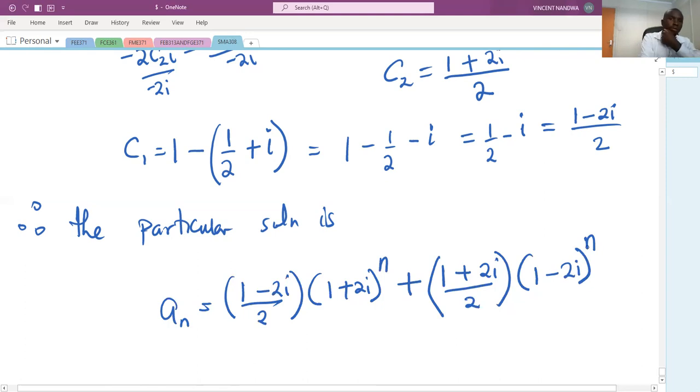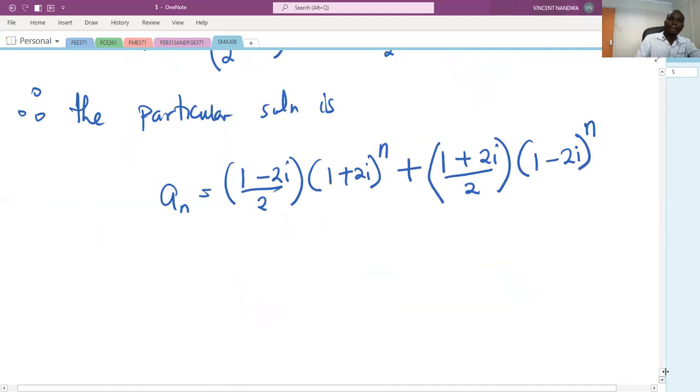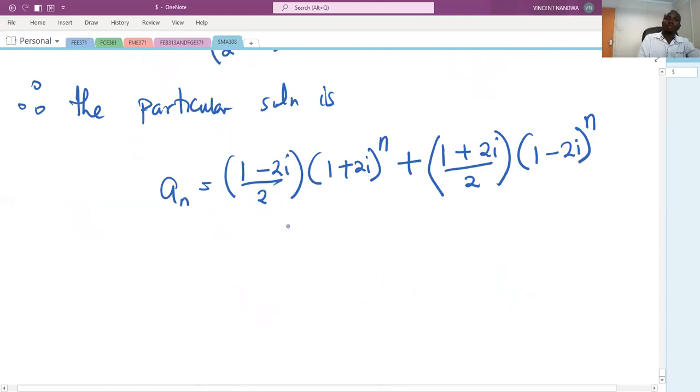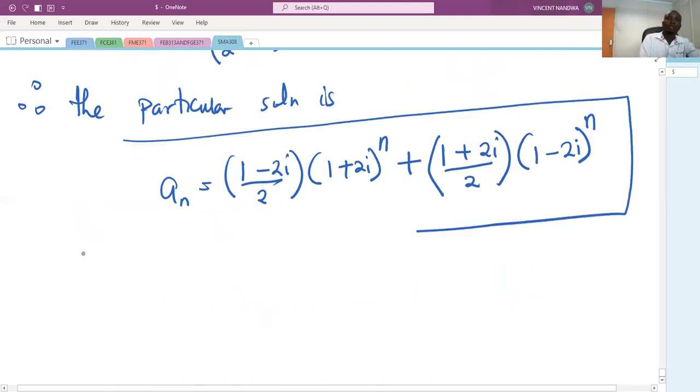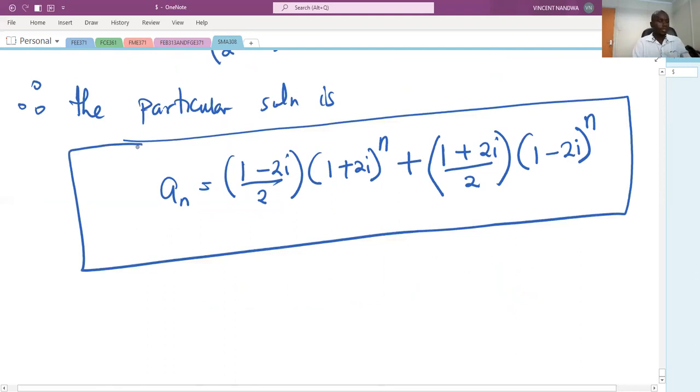So that's what we have. So this is the particular solution for our given recurrence relation.